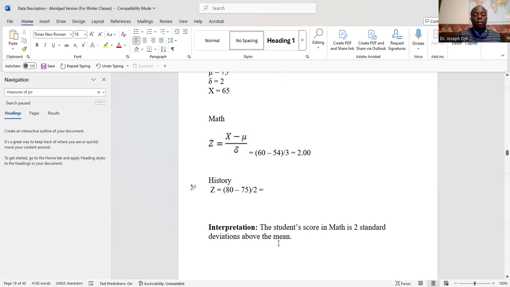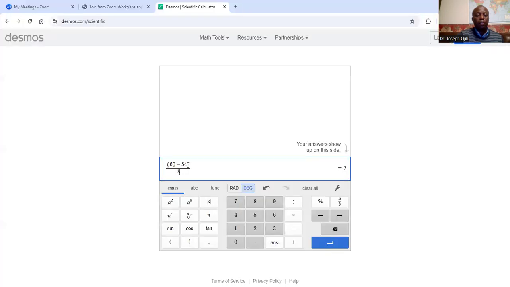On the calculator, we got 80 minus 75 divided by 2, which is 2.50.